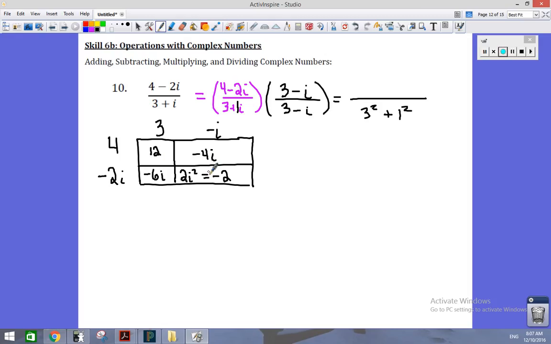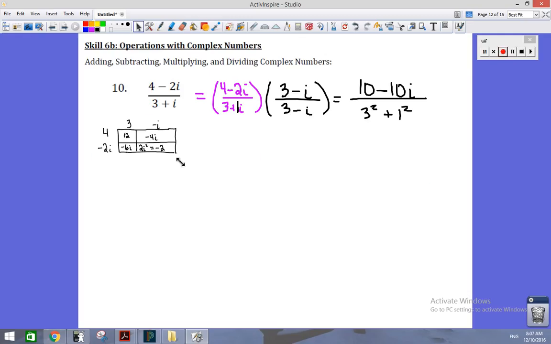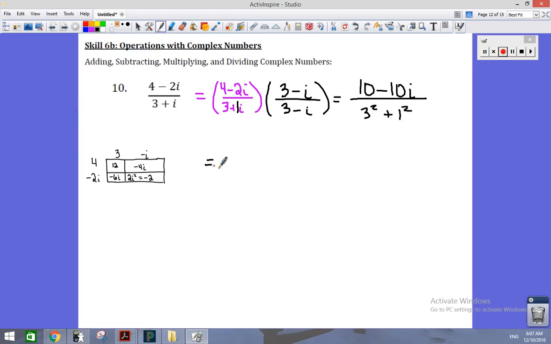So I've got 12 minus 2, I've got a 10, and a negative 4i and a negative 6i is a negative 10i. Alright, so I notice that I still have some more simplifying to do with my fraction over here. Let's continue right here.